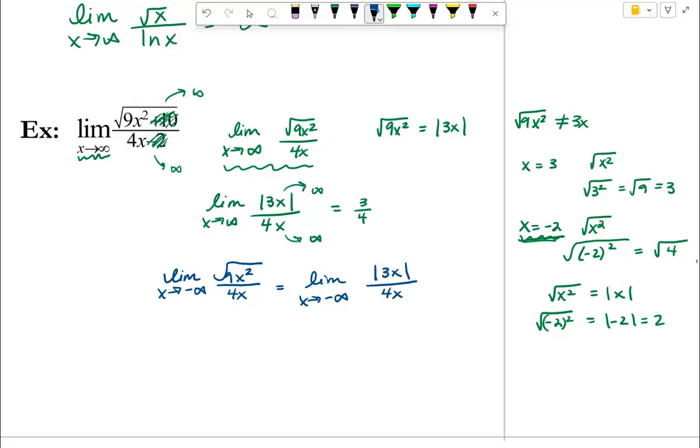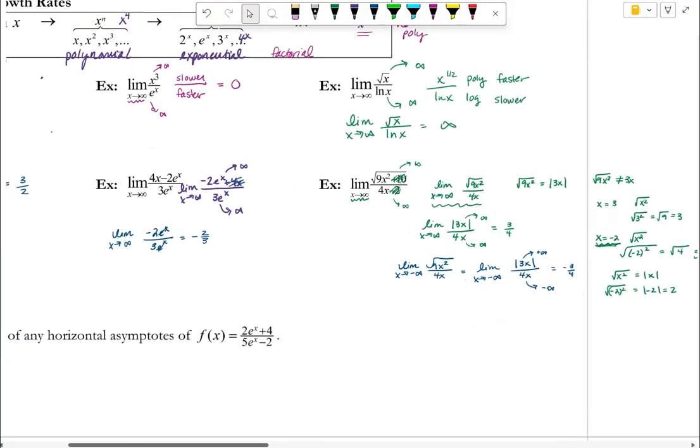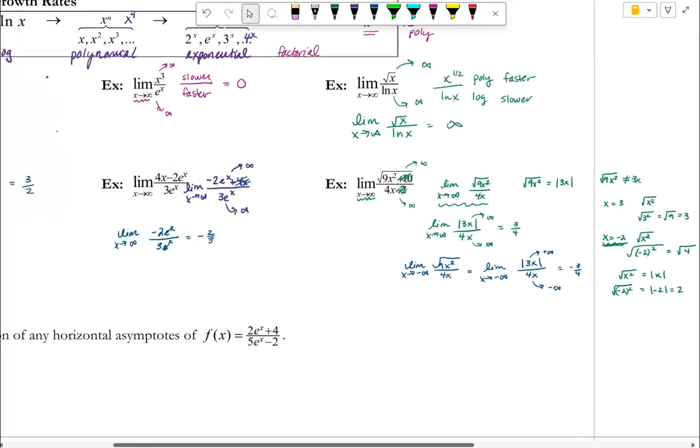Now, my numerator is blowing up towards positive infinity because it's 3 times a huge negative number, but we're taking the absolute value. My denominator, on the other hand, is going to be negative. So we have to be really careful. We can still divide, but our numerator is positive and our denominator negative, so we would get -3/4 for that limit. That's just a small thing that we really need to look out for.